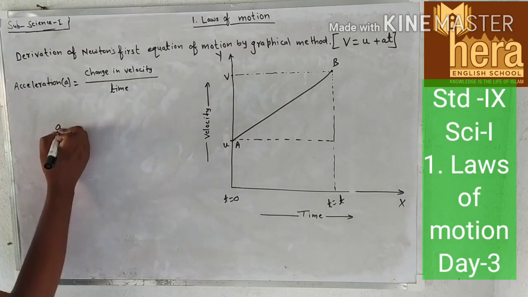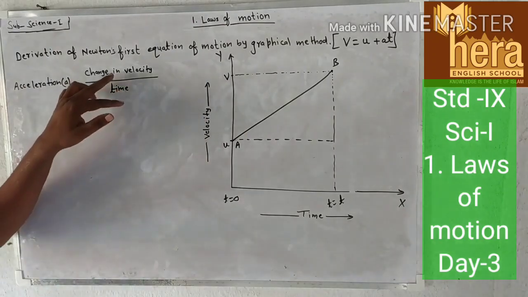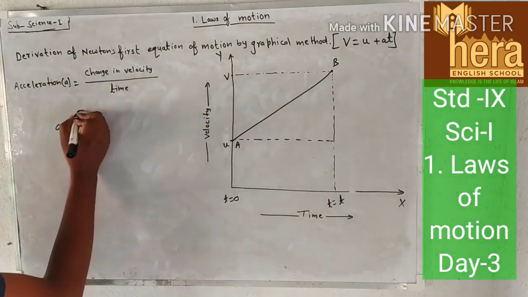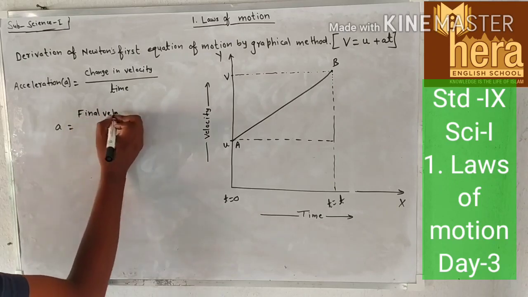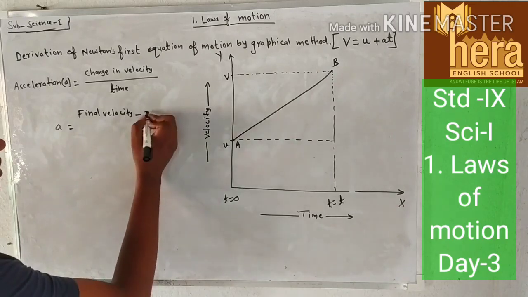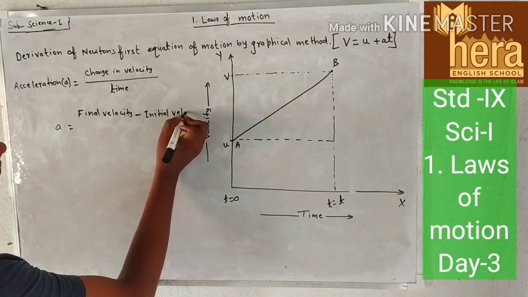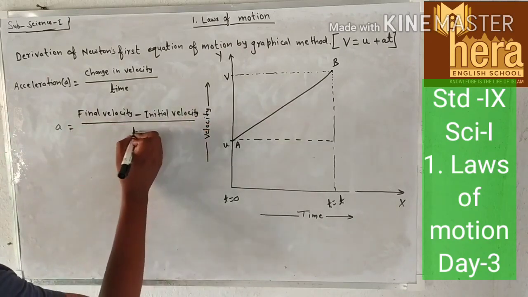Therefore a is equal to final velocity minus initial velocity upon time.